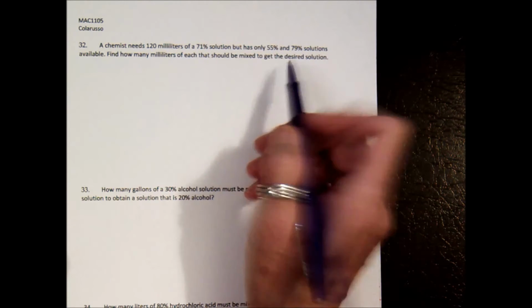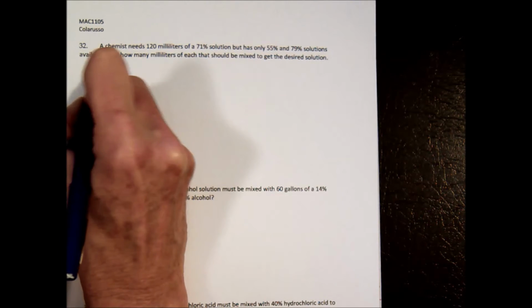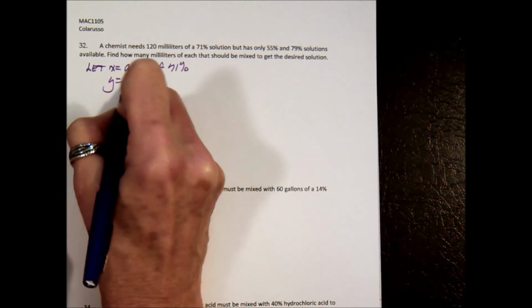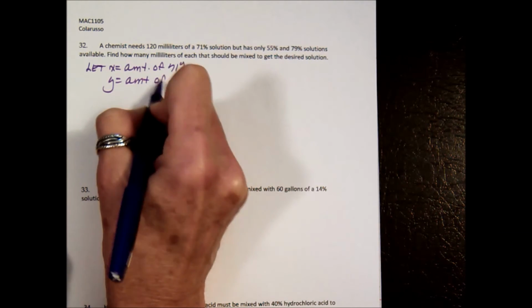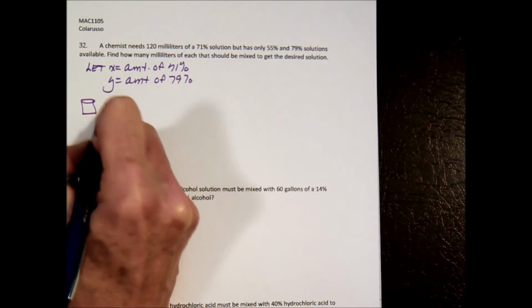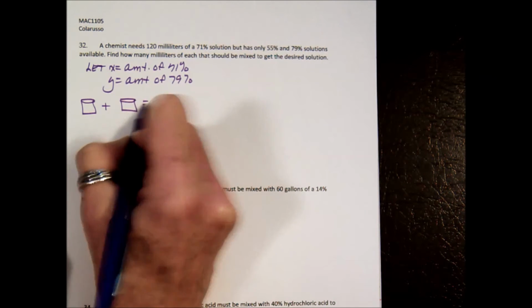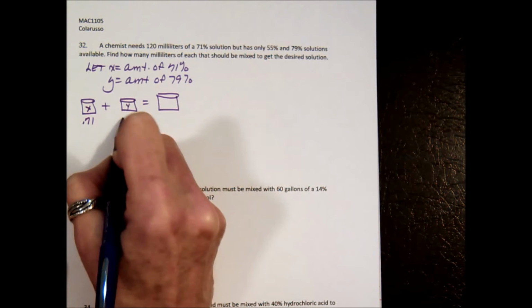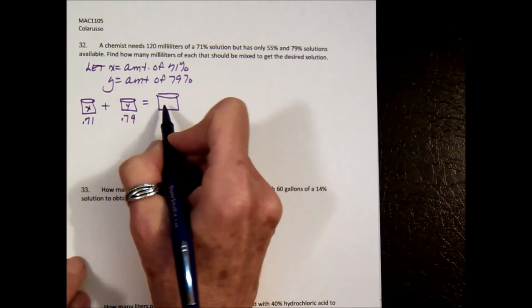So let X equal the amount of 71% solution, Y equals the amount of 79% solution. There's my picture. So 0.71, Y 0.79, and what is he going to get? He's going to get 120, so this time I know that number.